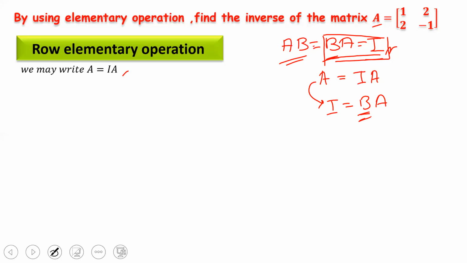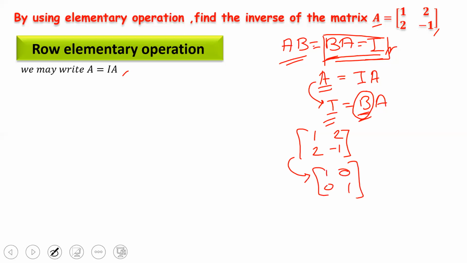Now we don't know this matrix B, but we know this matrix A and the identity matrix I of 2 by 2. A is given and I is 1 0 0 1. So if I convert this matrix A to the identity 1 0 0 1, and apply the same operation on this I, we will find this matrix B, and A will remain unchanged.